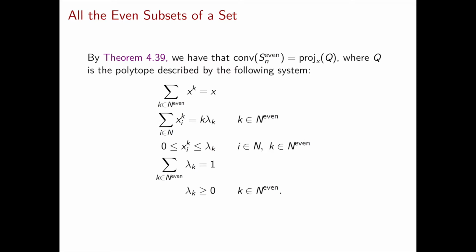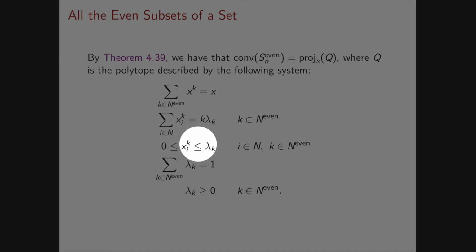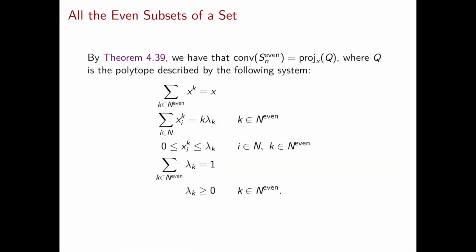In fact, let's see. Well, the most inequalities are here because we have two bounds for every variable, and the number of variables is essentially n squared, because we have that k is like n over 2, and so it's essentially n squared. So this is definitely a polynomial formulation.